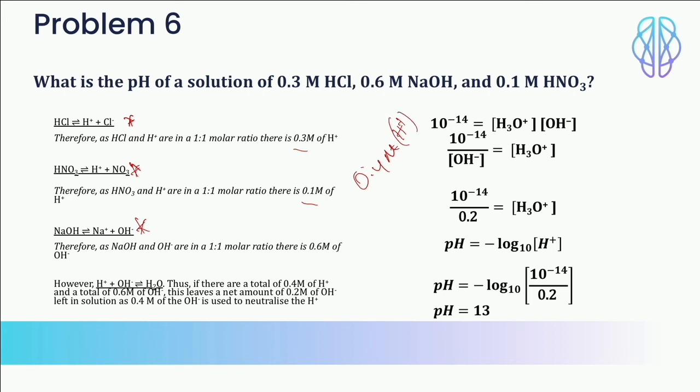However, there is 0.6 moles of hydroxide. Hence, 0.4 moles of this hydroxide will react and neutralize with the 0.4 moles of this H+, shown in this manner.